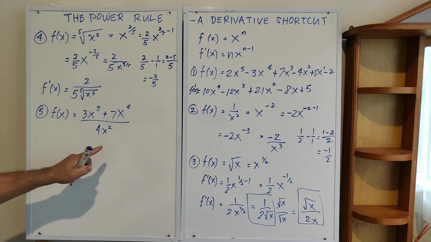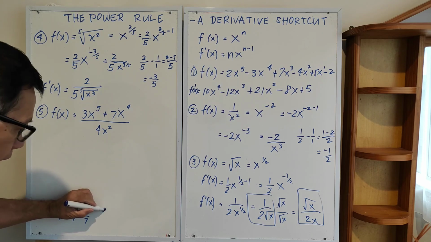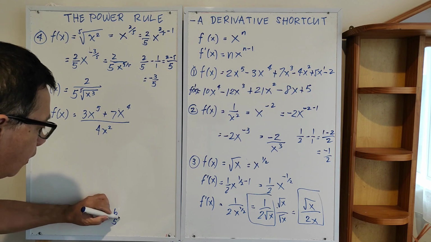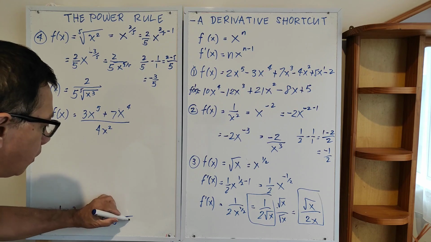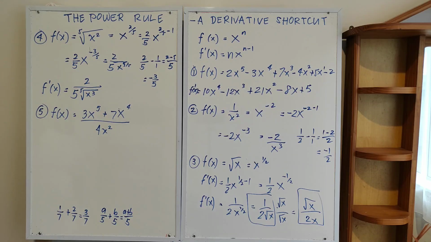So let us first consider if you're adding fractions that have the same denominator. For example, 1 over 7 plus 2 over 7, that is 3 over 7. So if you're adding a over 5 plus b over 5, you just copy the denominator and then you add a plus b over 5.